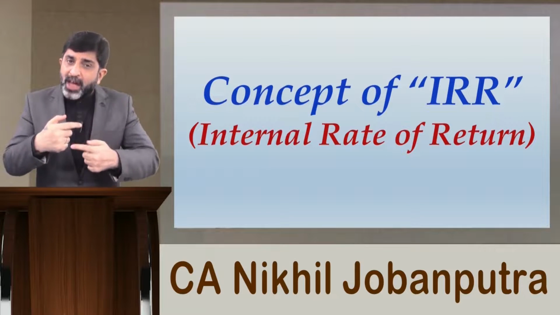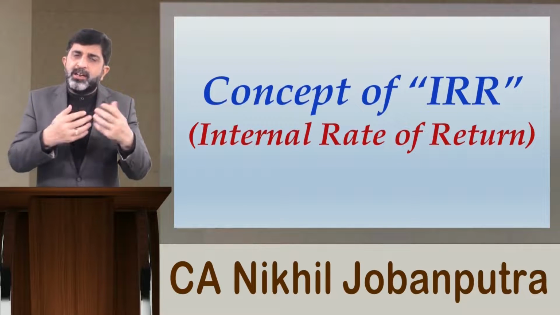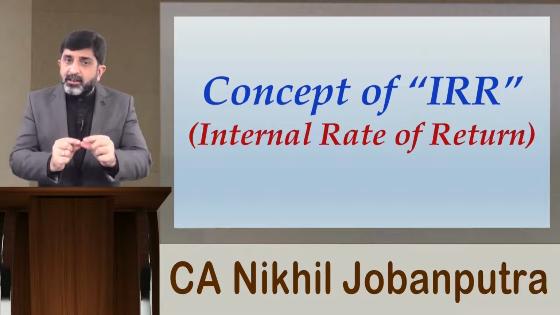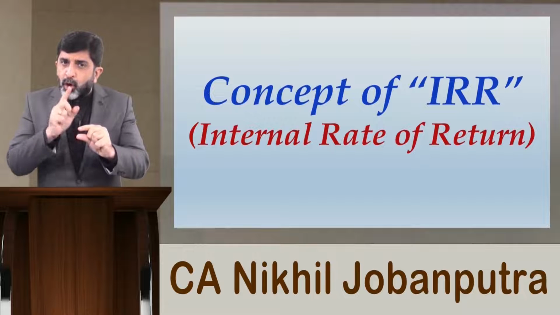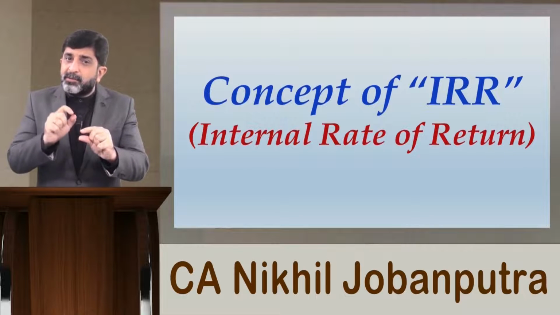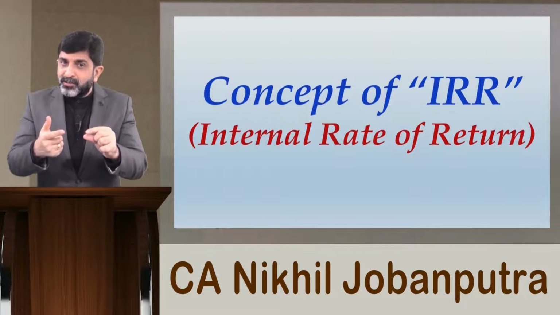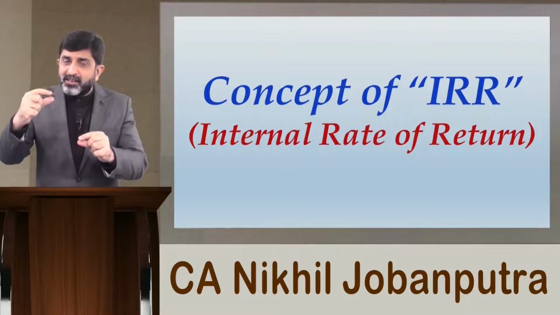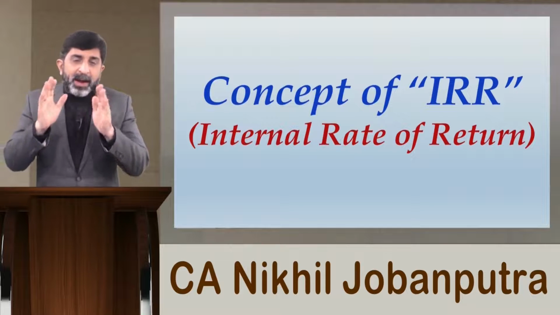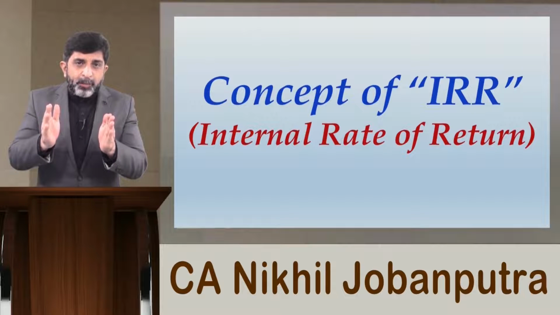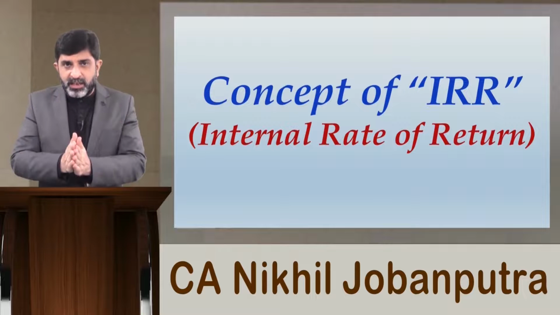That means you try computing NPV at any random discounting rate, or it may be a thoughtful rate, and if you have arrived at an NPV, look into one thing. Your objective is to get an NPV which is 0. So if you get a positive NPV, what you should do is use a higher rate in the next trial so that the NPV gets reduced. Finally, you land up at a range of lower and higher discounting rates.